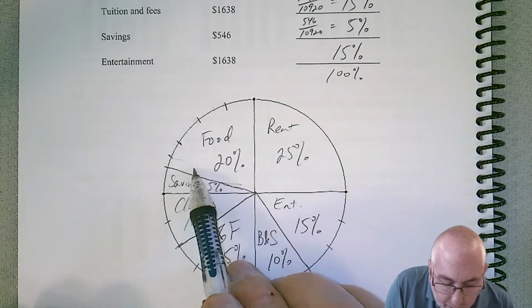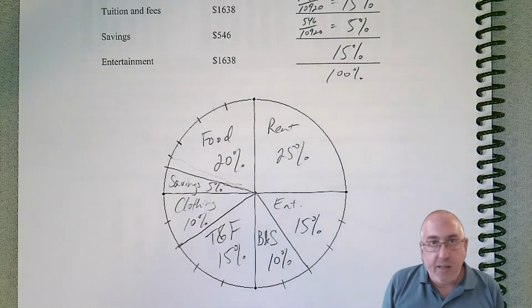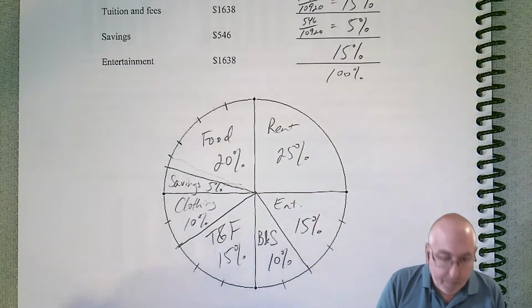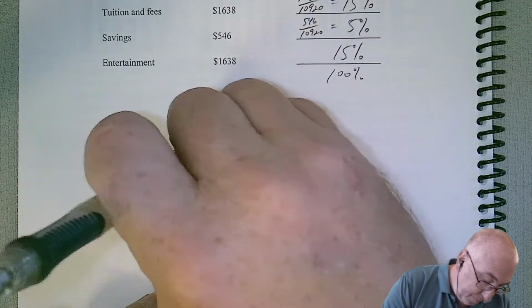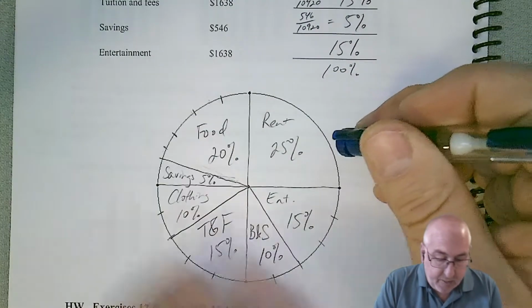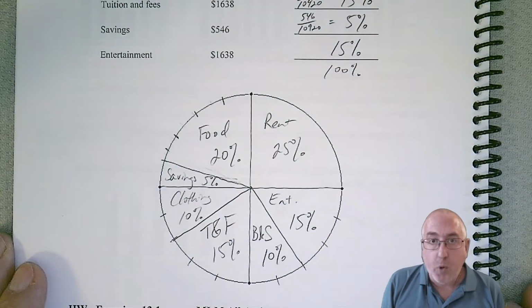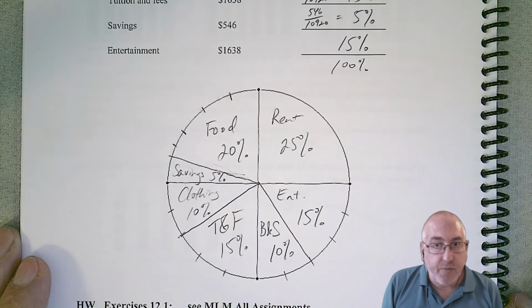So I would draw my line, you know, down to the middle like that. That's really the best that you can do with these. It's going to be pretty close. It won't be perfect, but if you're drawing them by hand, this is really the best way to do it, in my opinion. So hopefully that makes sense to you, but if you have any questions, feel free to let me know.